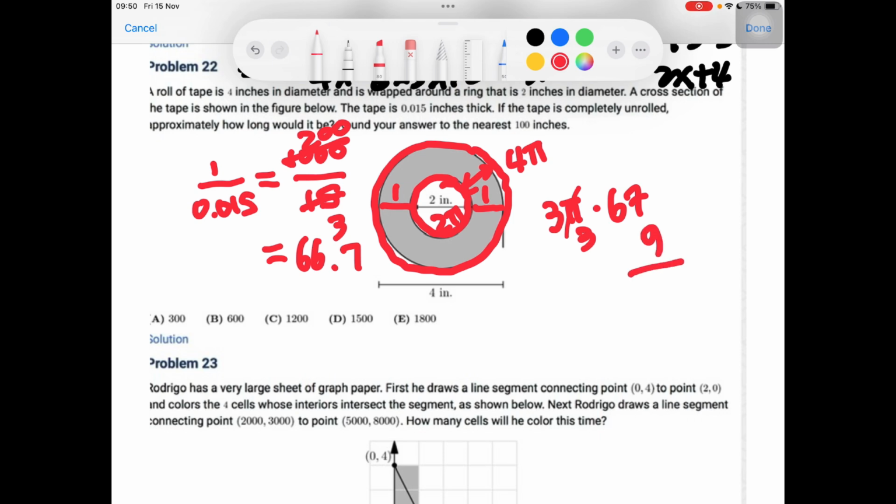Then 9, 603. So this may be 600. Anyway, we cannot use any calculator, and it doesn't ask for very accurate answers, because nearest 100 inches. So we can calculate it with one significant figure or something like that.